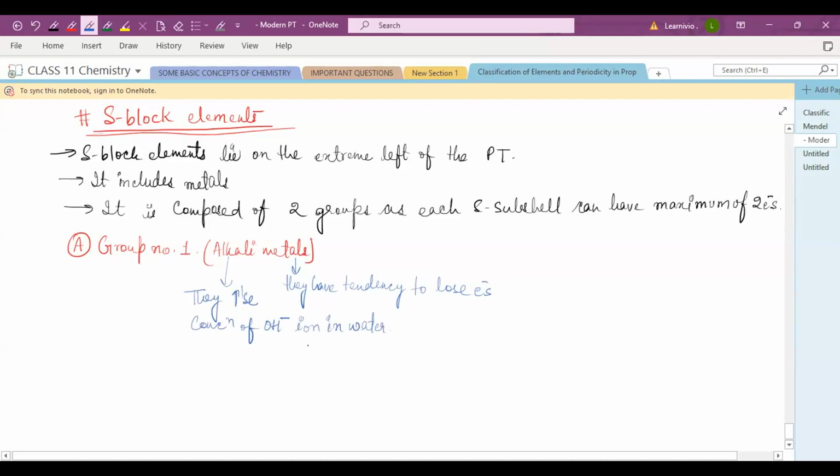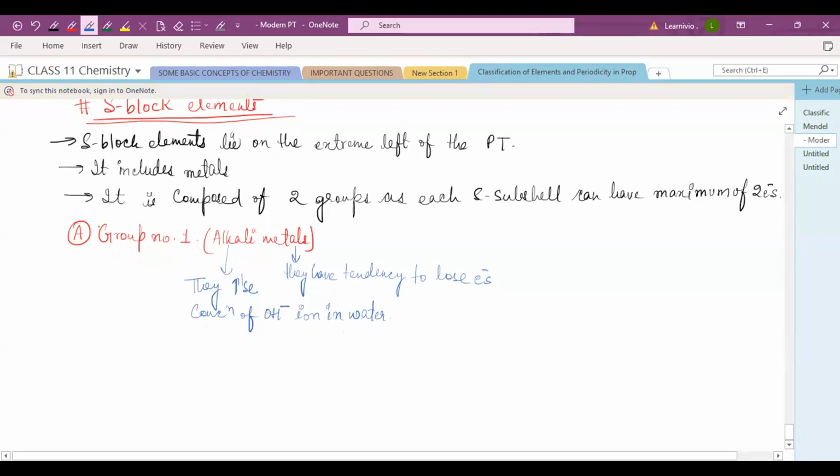So that's for group first elements. Now let's see which elements are found in this group.